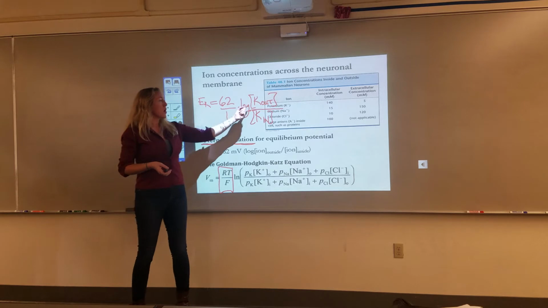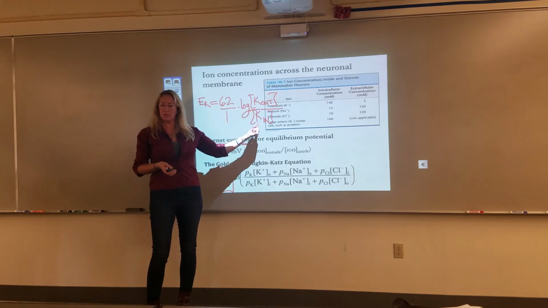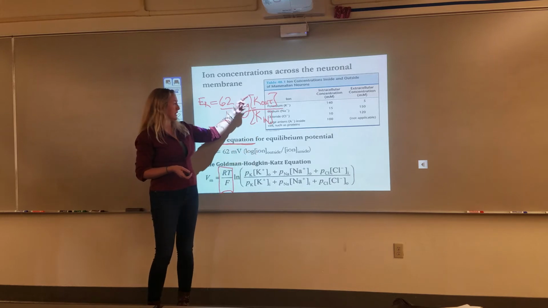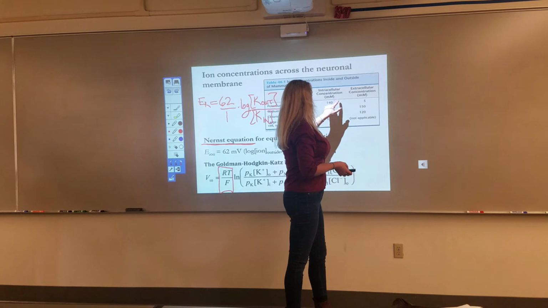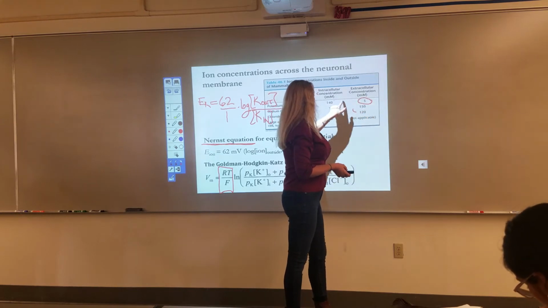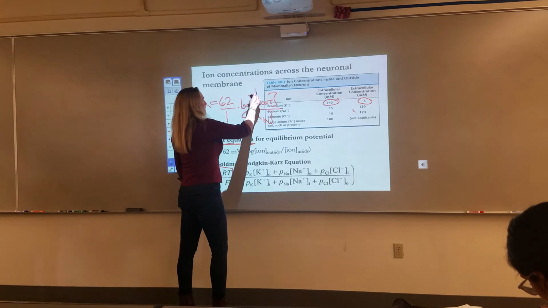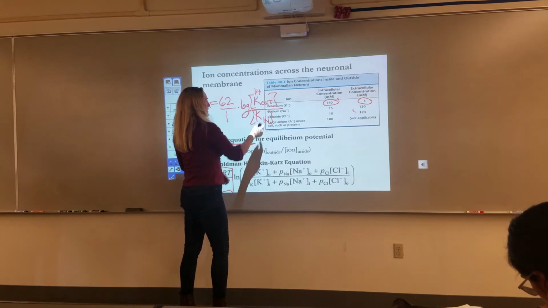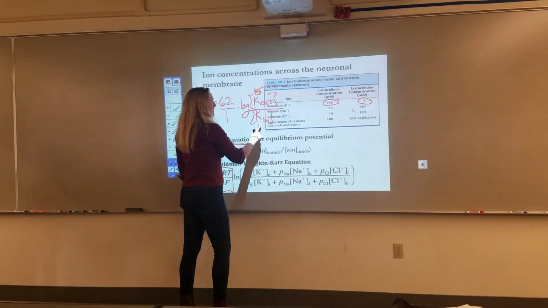So if you know the concentration of potassium outside of the cell and the concentration of potassium inside of the cell, you plug in. Outside 5, inside 140.